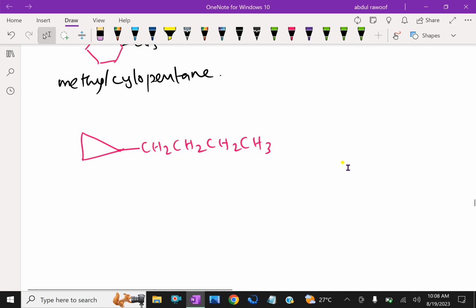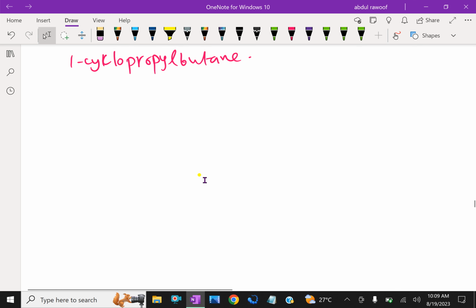So it is called, suppose starting point 1 here, 1-cyclopropylbutane. Since the chain is longer than the triangle, the parent is butane, and the starting point is 1, and here it is butane because of 1, 2, 3, 4 carbons. So it is called 1-cyclopropylbutane.